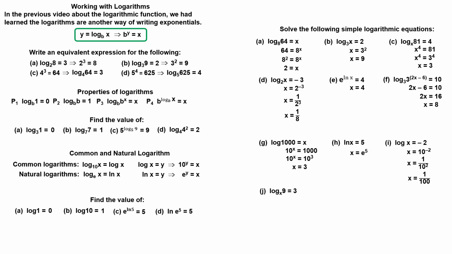Write in exponential form. Multiply both sides by the reciprocal of 3. Apply property 1.